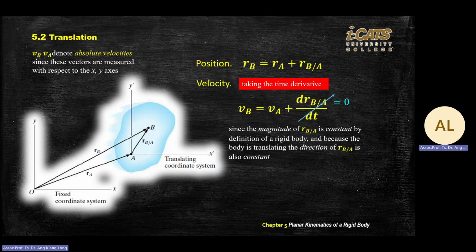So if you differentiate the two points with respect to time, you always get 0. There's no change of position, because we are dealing with a rigid body. Rigid body, you do not stretch it. Okay, so that's why the term drB/A dt, you get 0.